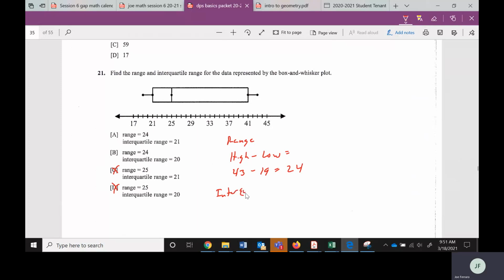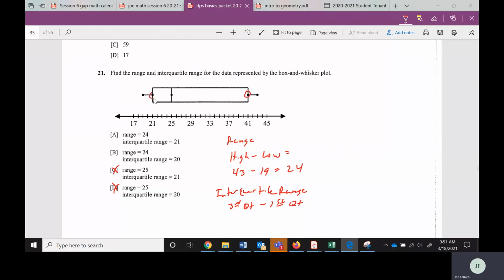The interquartile range is your third quartile. Let me erase that, a little more clear. Is your third quartile minus your first quartile. So third quartile is right here.